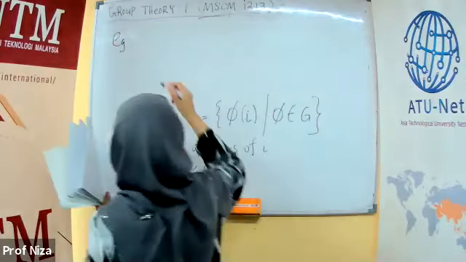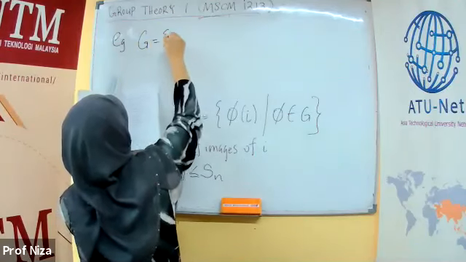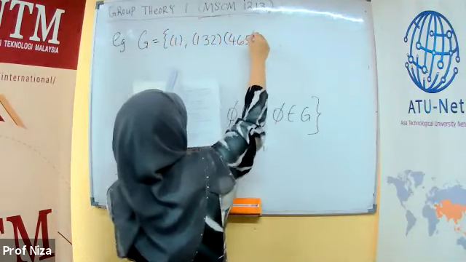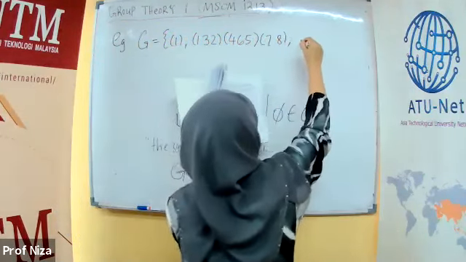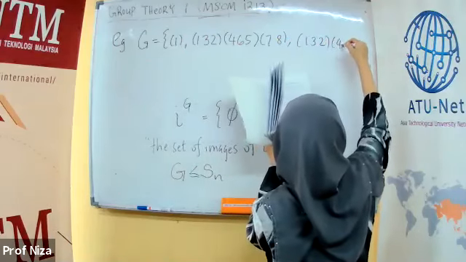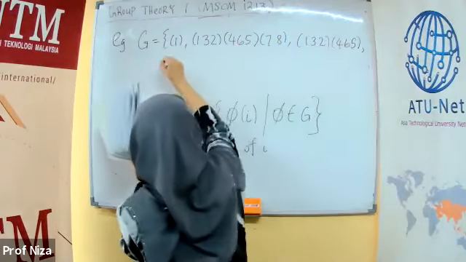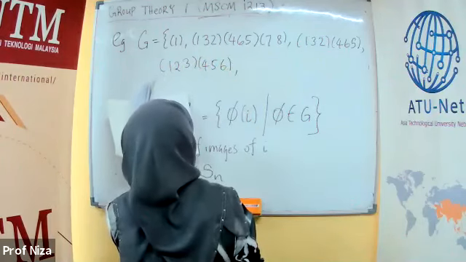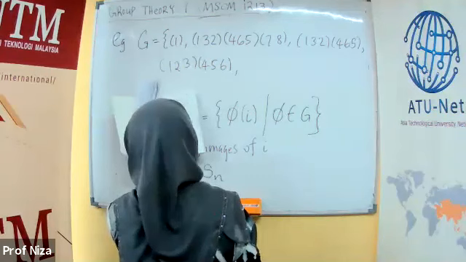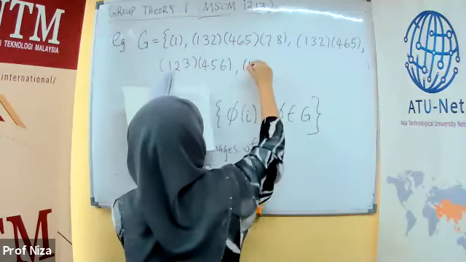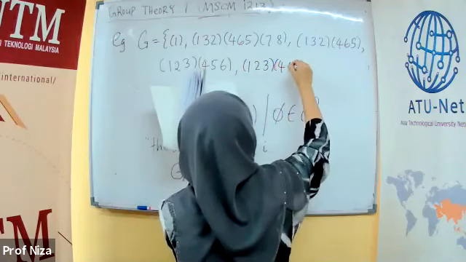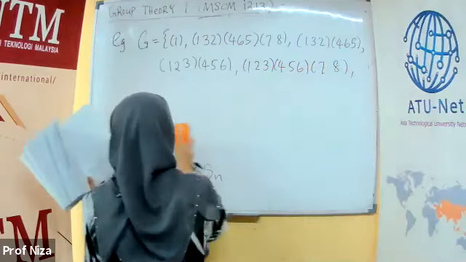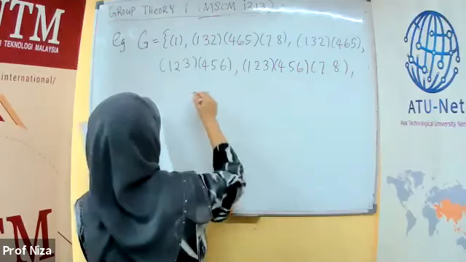I have to give you the G. G is the set of these permutations: 1, 2, 3, 4, 5, 6, 7, 8, and then 7, 8.